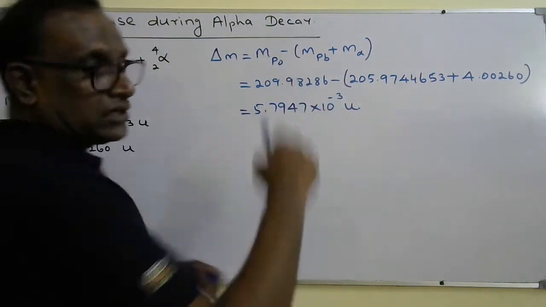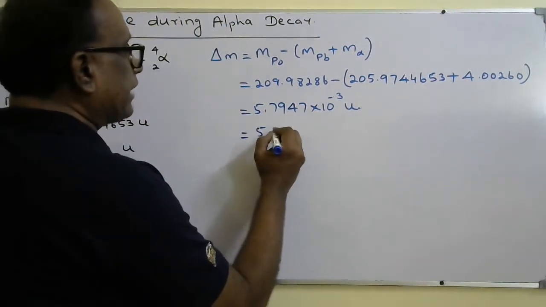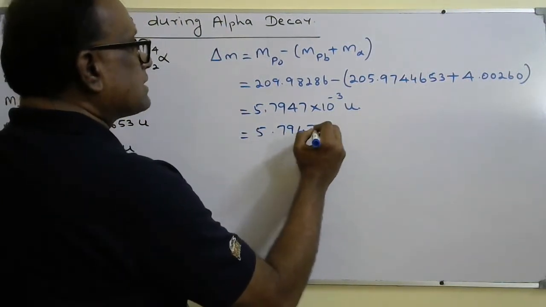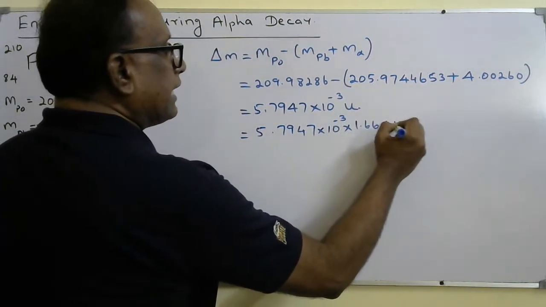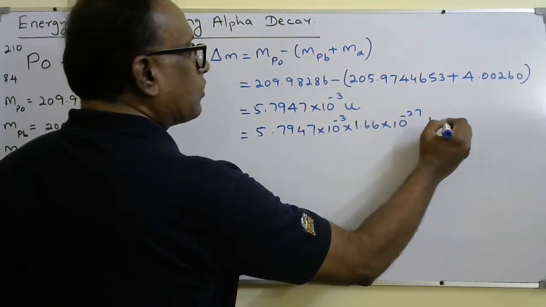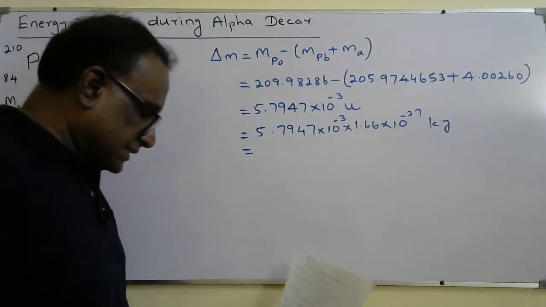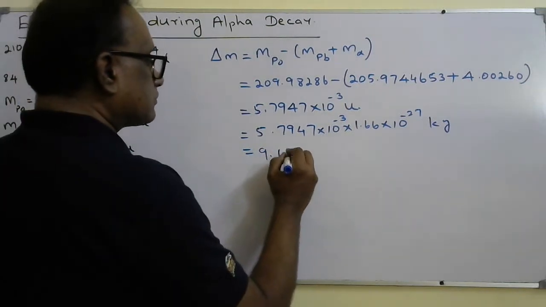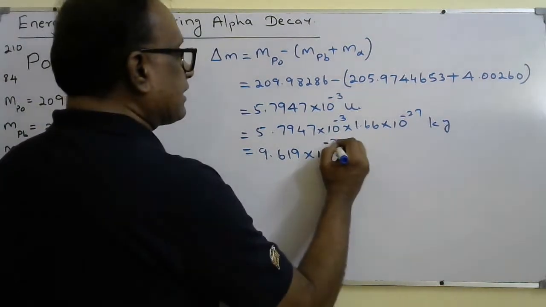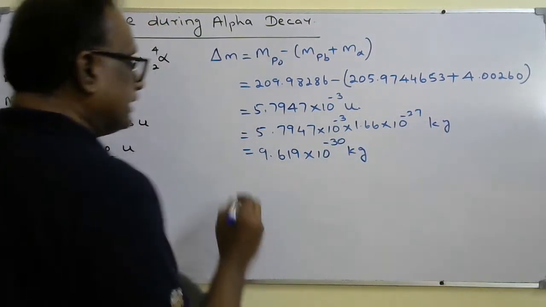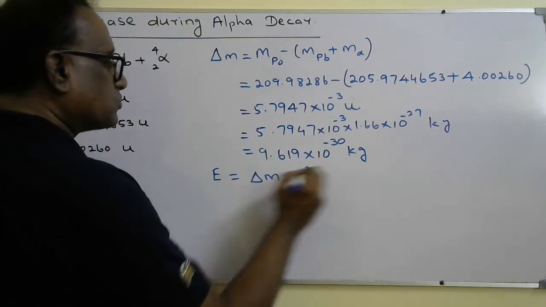1 u is equal to 1.66 times 10 to the power minus 27 kilogram, so convert to kilogram. 5.7947 times 10 to the power minus 3 into 1.66 times 10 to the power minus 27 kilogram. So that will become 9.619 times 10 to the power minus 30 kilogram. So energy release is equal to delta M, the mass deficit, into c squared.